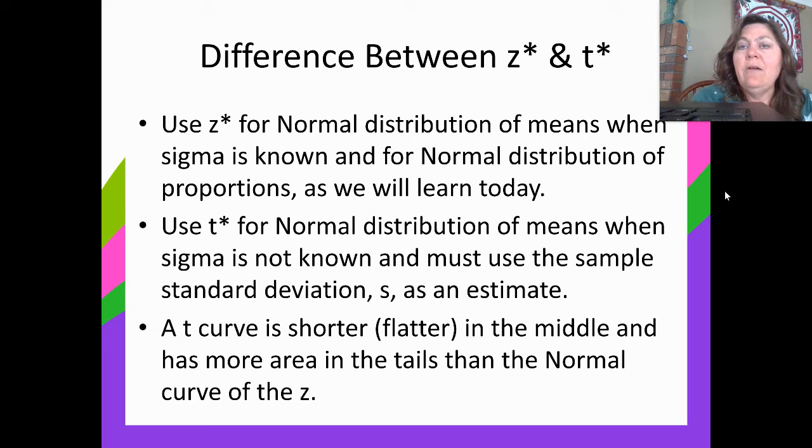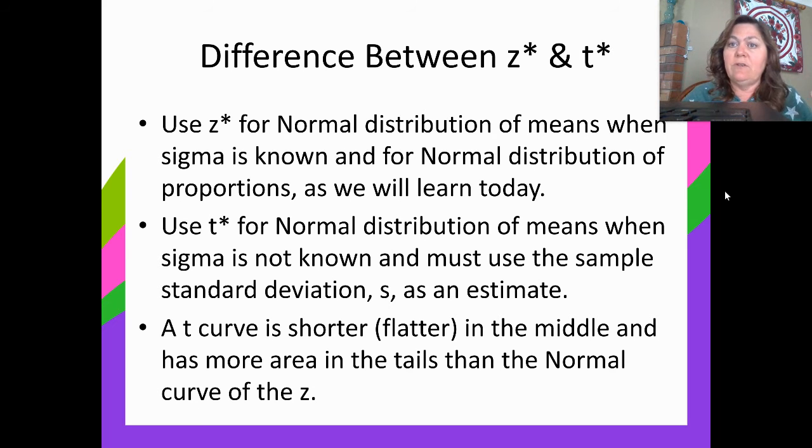Okay. What about the curves? How are the curves different? So a T curve, remember I talked about this in section 2. It's not a normal curve until basically n is super big. So the T curve is typically shorter or flatter, if you will, in the middle, and it has more area in the tails than the normal curve of the Z does. Okay, the Z is symmetrical.